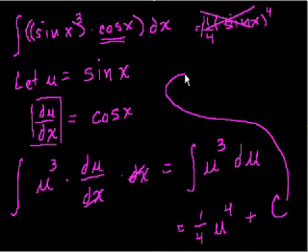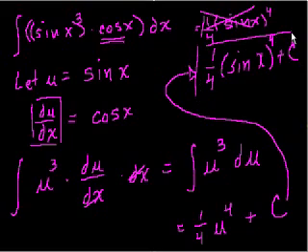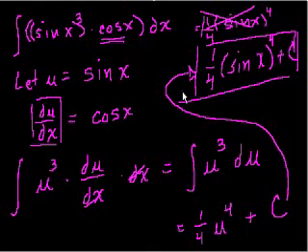So u is just sine of x, like we said in the beginning: 1/4 sine of x to the fourth plus c. Done. This might be an easier way to think about these types of integrals than what I did in the last presentation. But every now and then you have to bear with me, I do things in the wrong order.